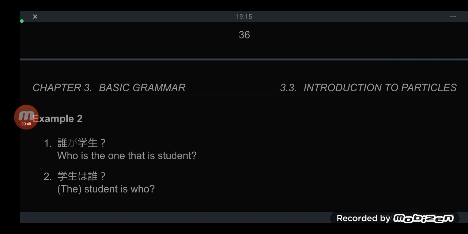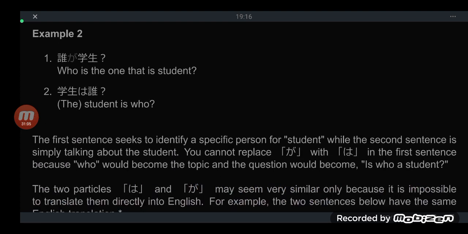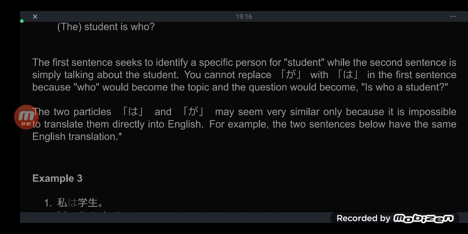The dictionary form, or simplest form, is kau, and the informal form is kaimasu. So that's the transitive verb, and ga is the identifier telling you that the doer of the action is me, watashi. Okay, so please practice these differences of wa and ga.